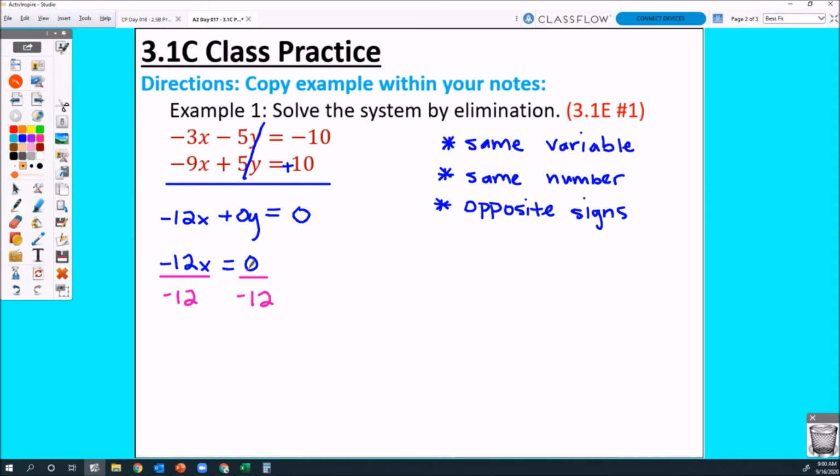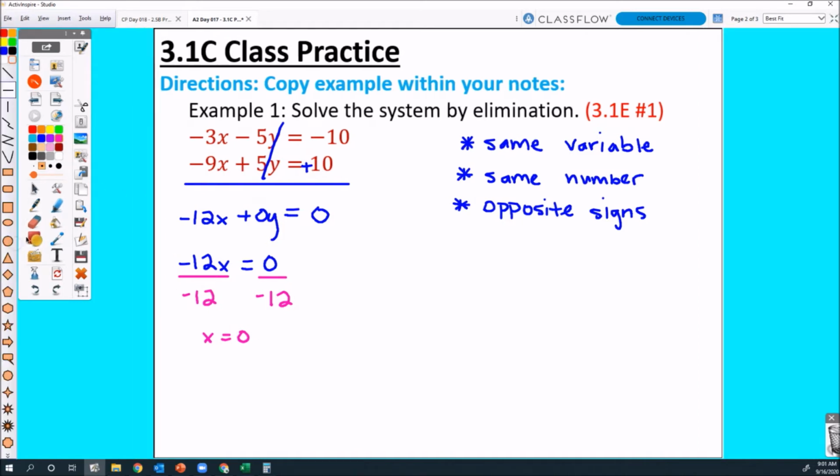Now, if you have a 0 on the top of the fraction, you can actually simplify it. The only time you cannot continue is when you have a 0 on the bottom. So x will equal 0. And then let me box my first answer.